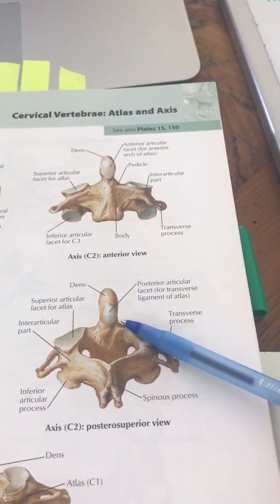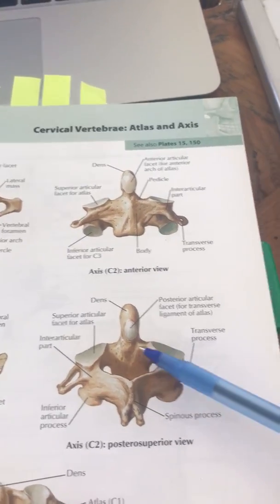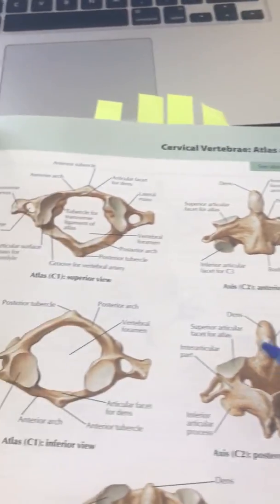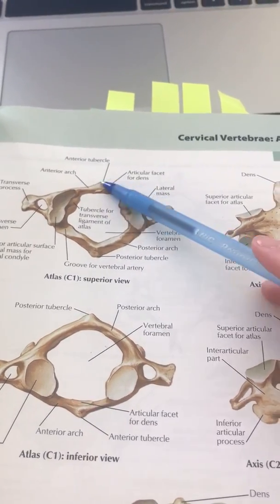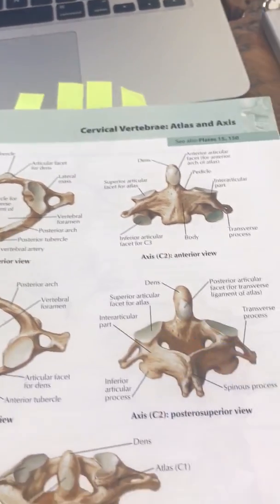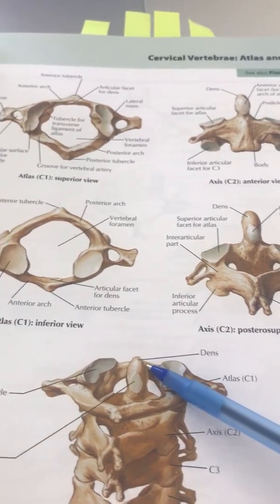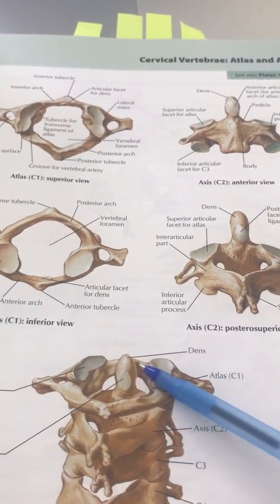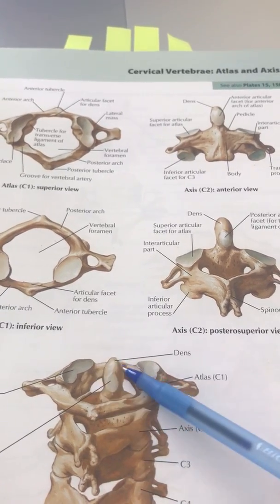So the median atlantoaxial joint is the articulation of the dens with the tubercle of C1. So here is that articulation. The dens meeting C1. And these slide around and it's just a pivot joint here.